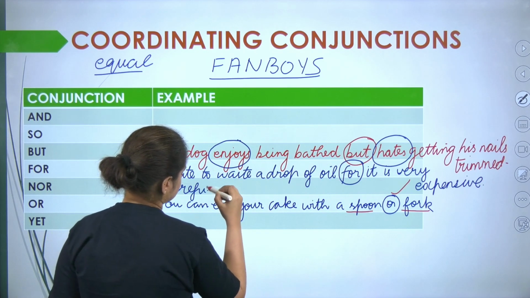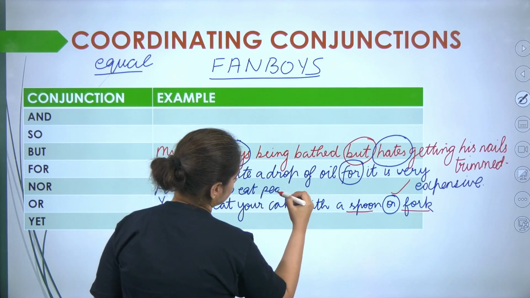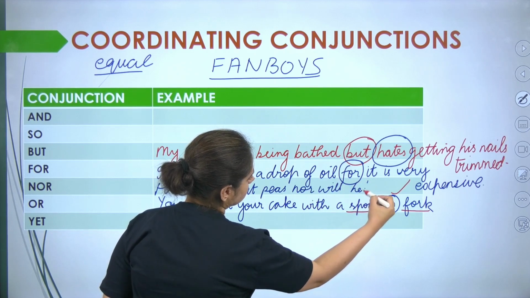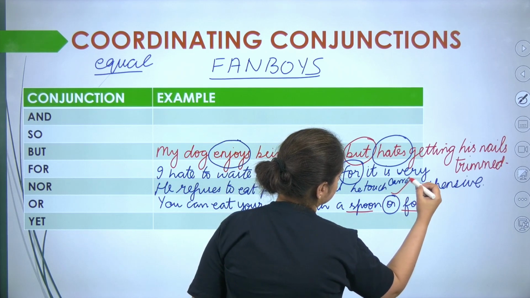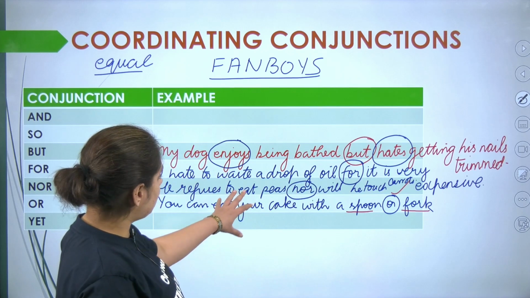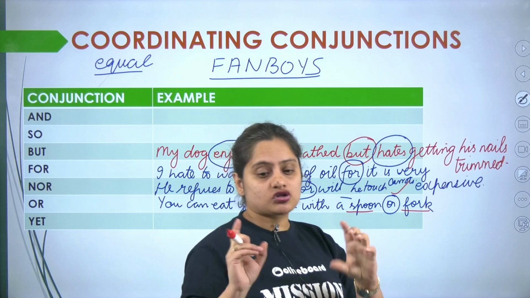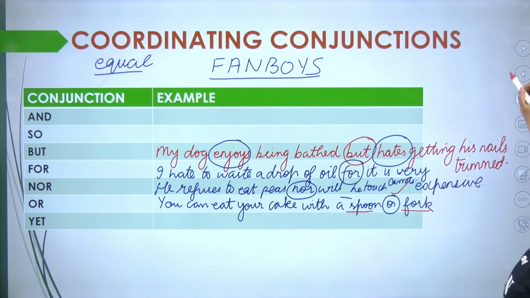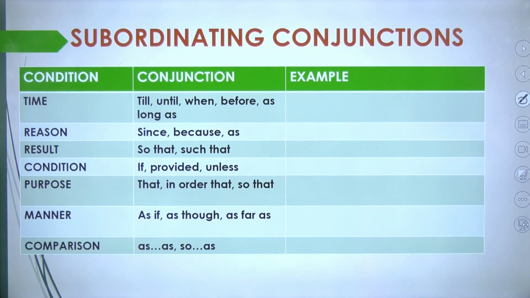So nor here, right? In equal measure, he refuses to eat both of these things. Equal importance of both, so we are connecting with these coordinating conjunctions. Just remember this list. I have shown you a few examples also, nothing to be confused about.